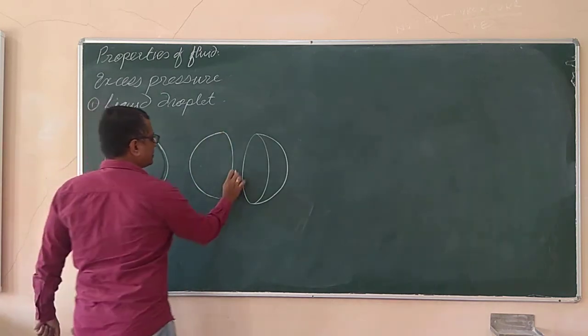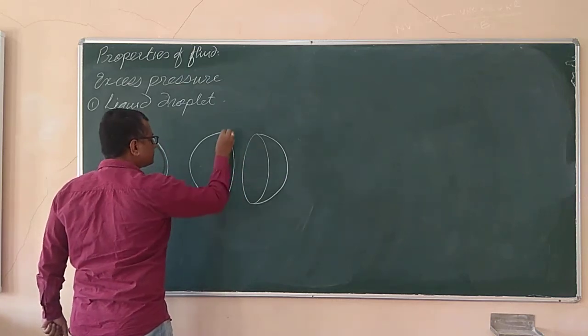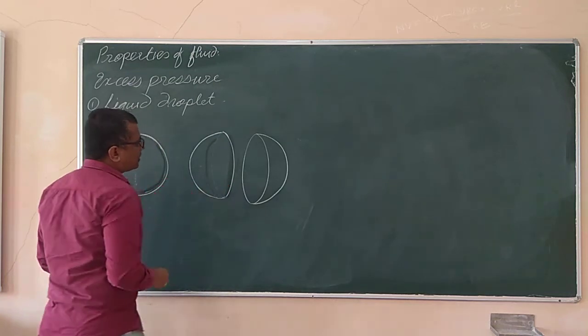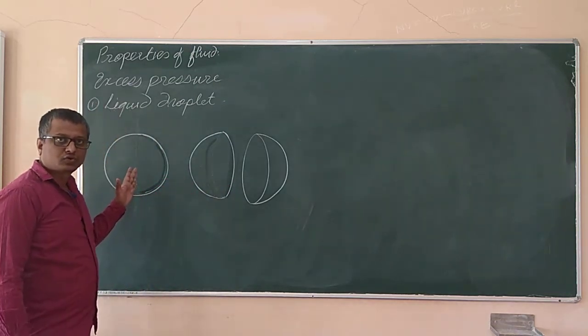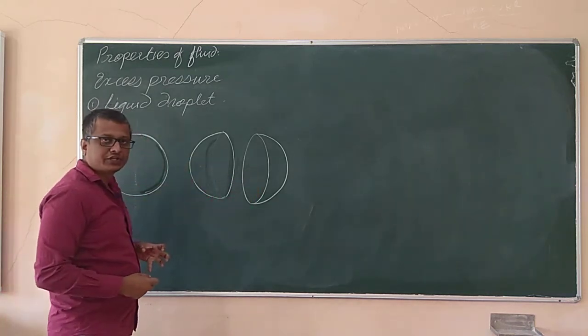I repeat again, imagine that you have a spherical droplet over here, and we have divided it into two parts, two hemispheres, and we are trying to separate them away from each other.